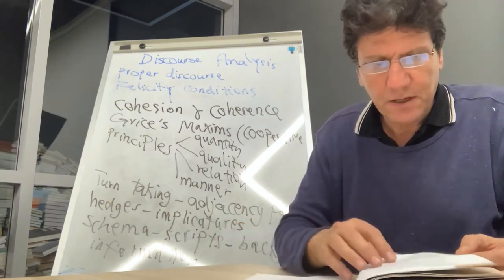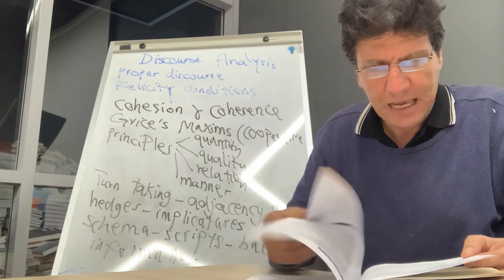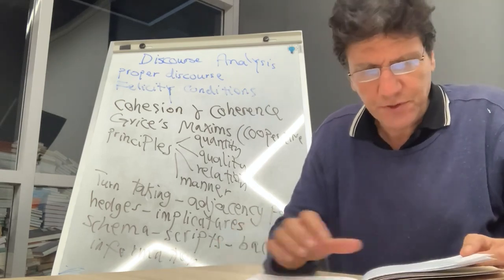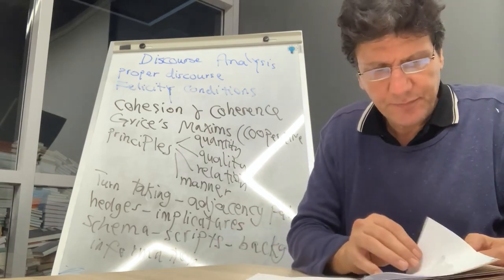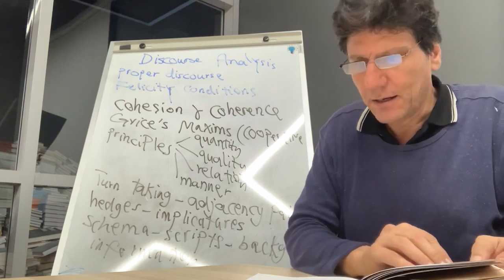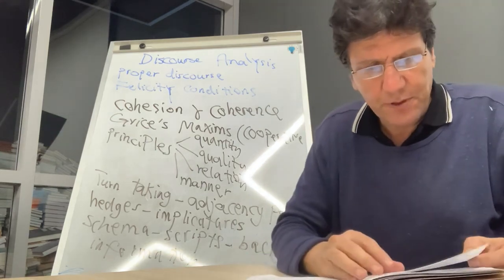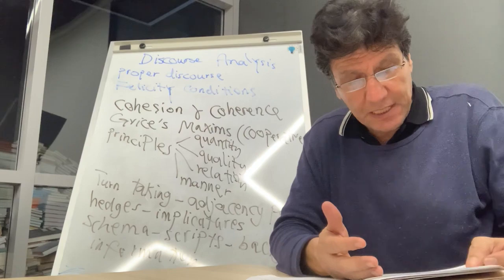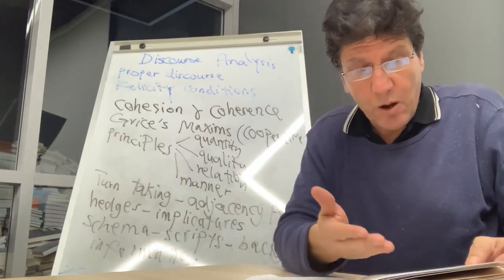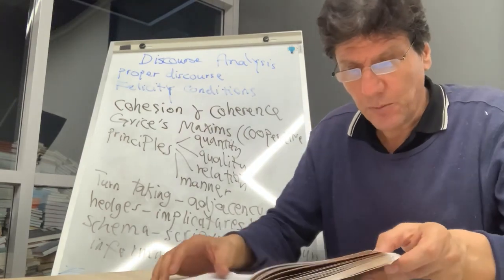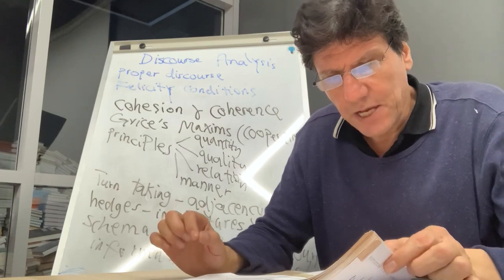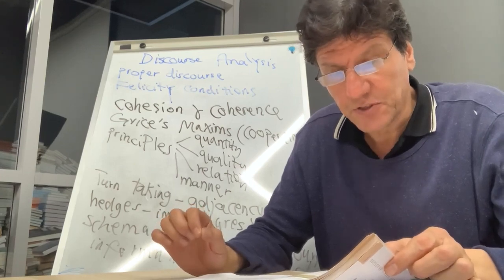Let me see if there are examples in here. I gave you my own examples. Now, let's see. Yeah, I'll read you the text, following the book. Cooperative principle definition. What is cooperative principle?